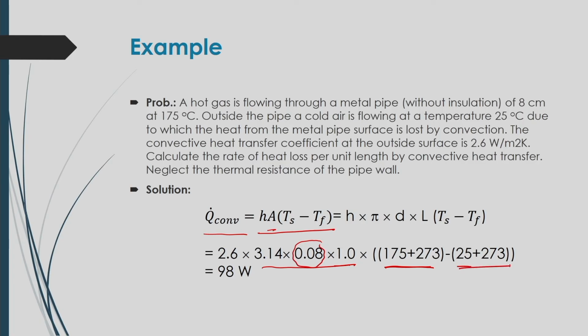So, again you have to convert it to Kelvin unit. So, finally, if you substitute these values and calculate, you will see the value coming as 98 watt. So, this is your convective heat transfer rate based on this temperature difference of 175 to the outside temperature of 25 degrees Celsius, and also the surface area as per the diameter of this pipe.